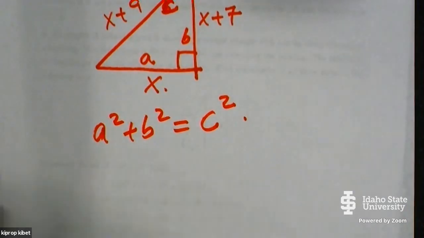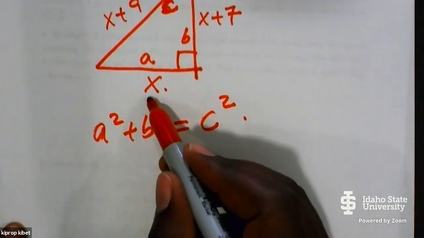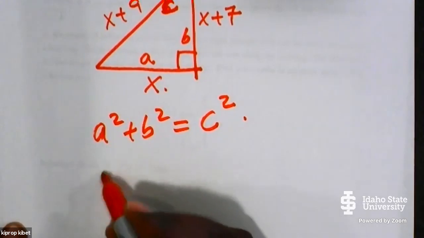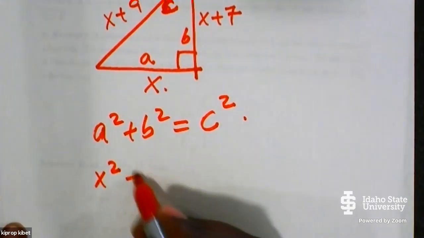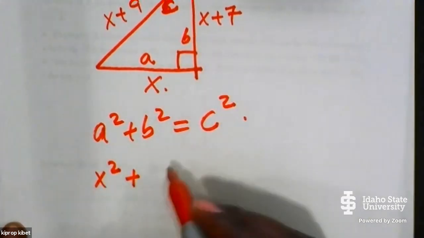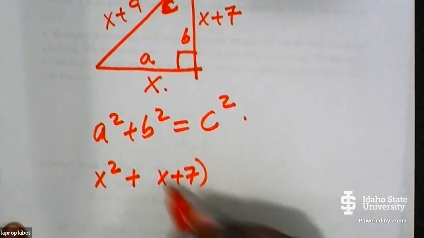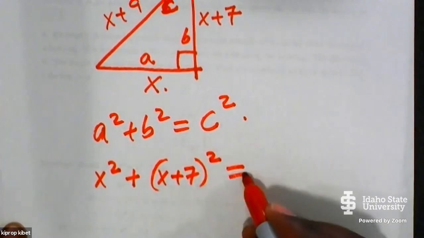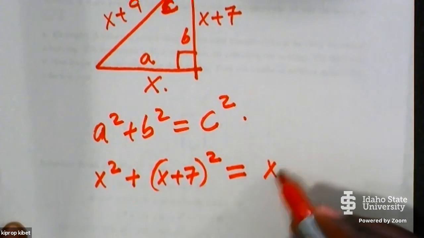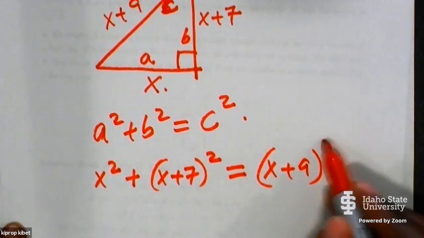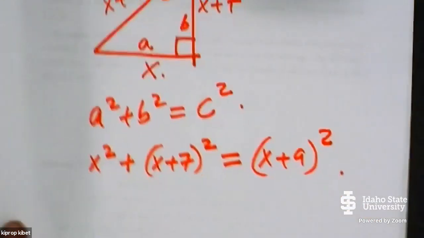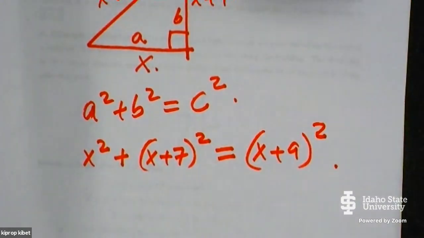So we have A as x, so x squared, plus B as x plus 7, so (x plus 7) squared, equals C, which is (x plus 9) squared.